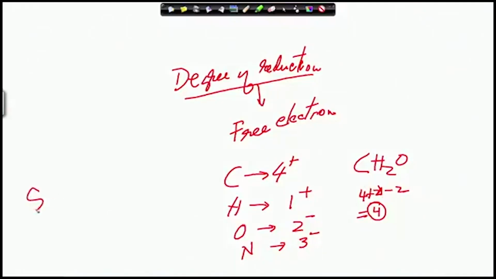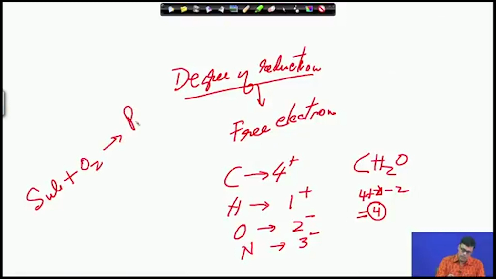Now, for ammonia, carbon dioxide and water, we consider the degree of reduction to be 0, that is, the free electron is 0. So suppose we write an empirical equation like substrate plus oxygen gives product or biomass, plus carbon dioxide.